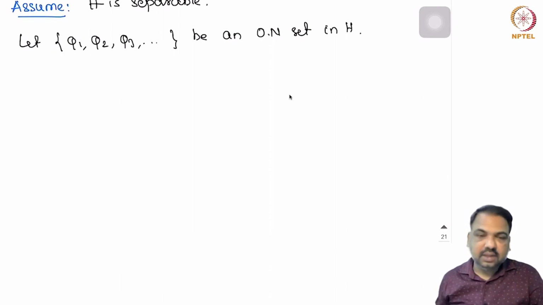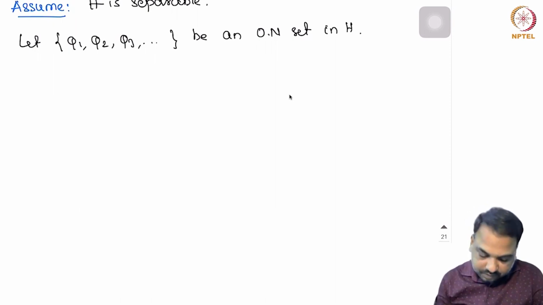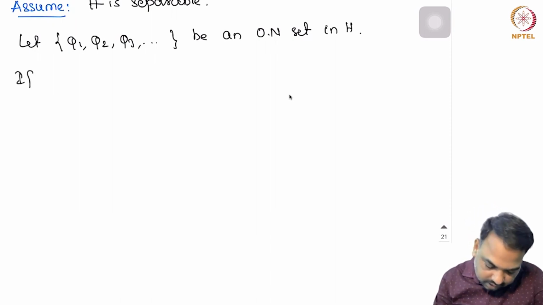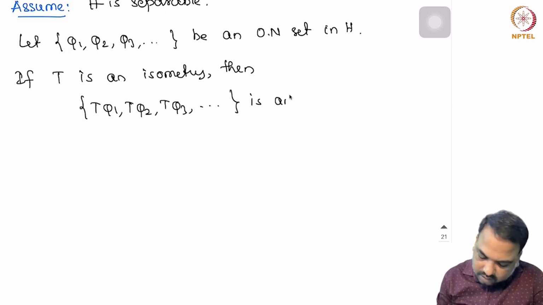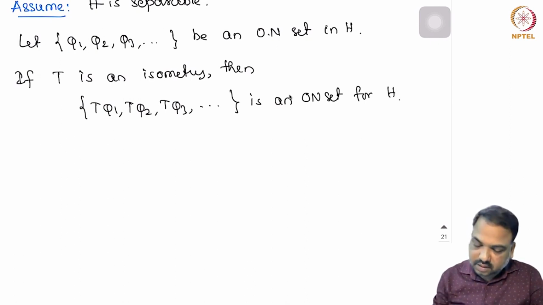So we can say that the image of this set under T is also an orthonormal set in H. So then we can say, if T is an isometry, then T phi 1, T phi 2, T phi 3, and so on is an orthonormal set in H.